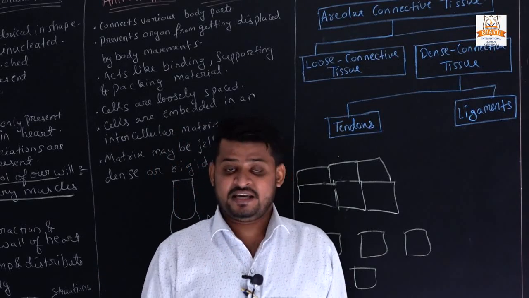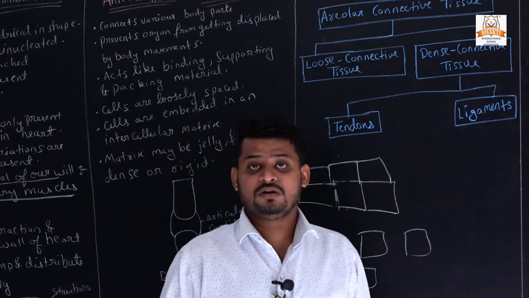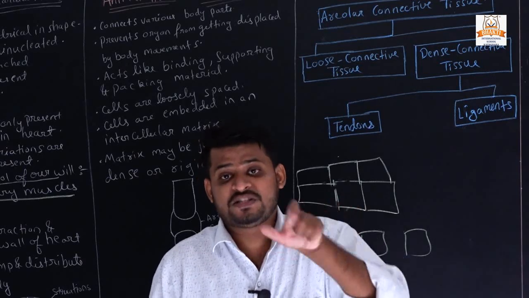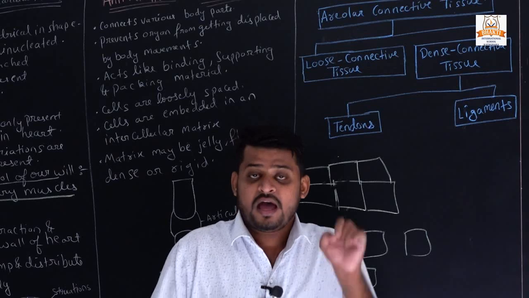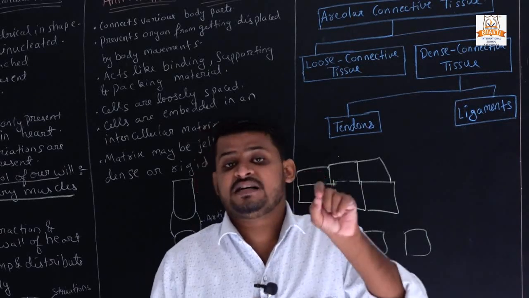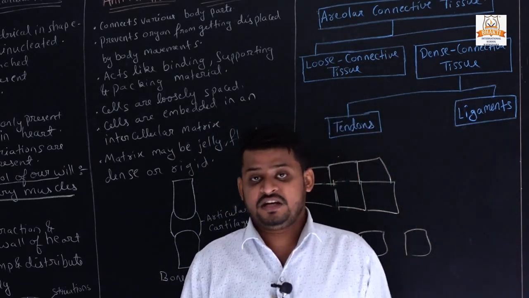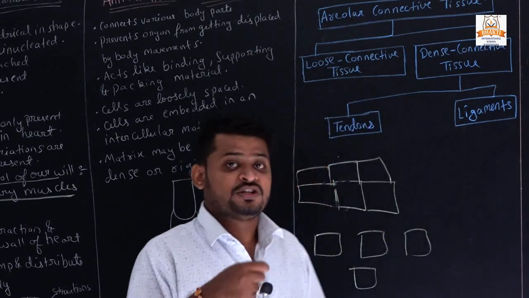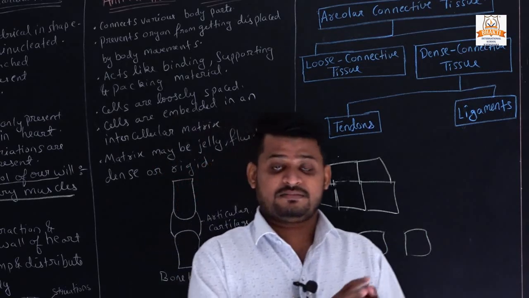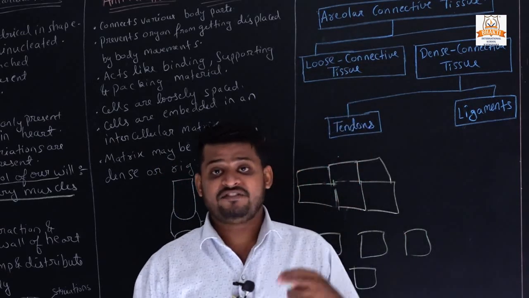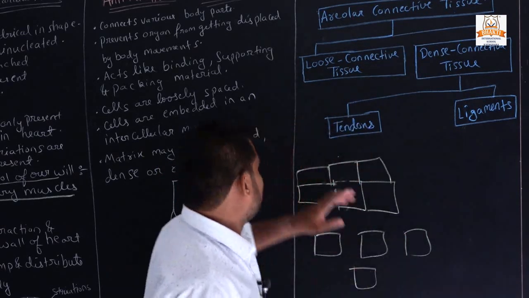So in this case also, some cement-like objects are present, that is called connective tissue, and that connective tissue is present in different states. It is present as a jelly, solid, different types of structures and states.